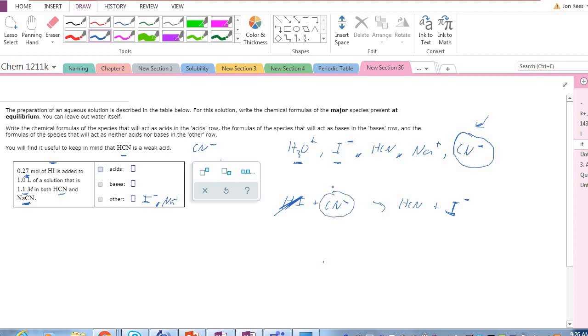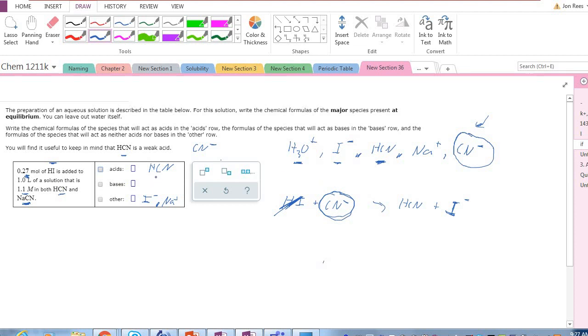Alright, so let's go and account for everything that's going to be in here. I still have that HCN has not been reacted with any base. So I still have that acid in there, some HCN. And for the bases that are going to be in there, I still have some excess CN minus, right?